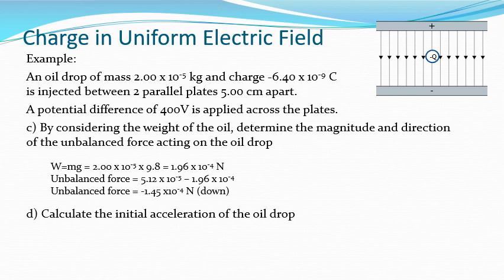And we can see that the weight is significantly, an order of magnitude, greater than the electric force due to the electric field. That was 5.12 times 10 to the minus 5 newtons. So we can find the unbalanced force by taking those two forces away from each other. And we end up with an unbalanced force of 1.45 times 10 to the minus 4 newtons, which is downwards. We can then work out the acceleration, or the initial acceleration of the drop, using Newton's second law.